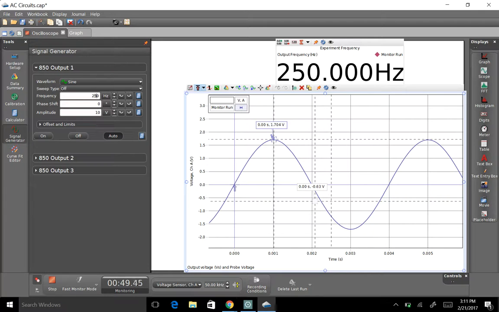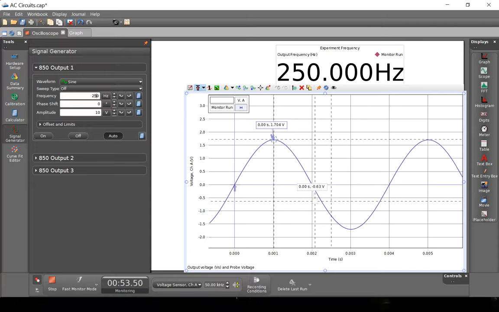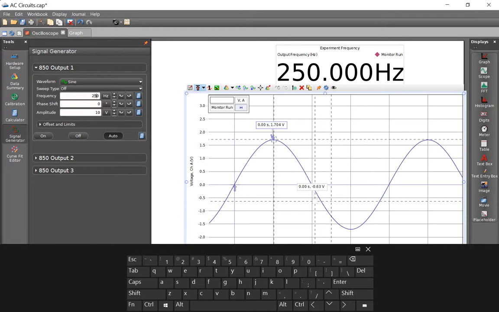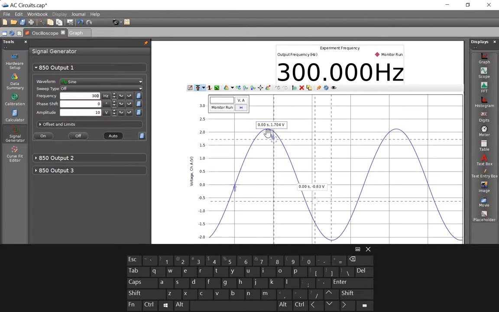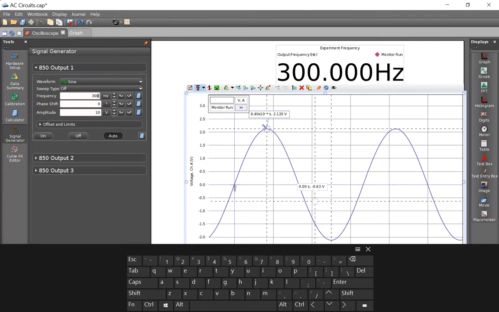Okay, then I'm just going to go up by 50s. At 300 hertz, you see it went up, 2.11 volts.